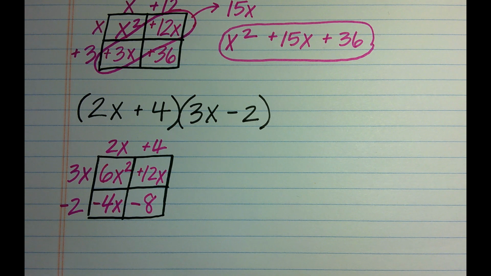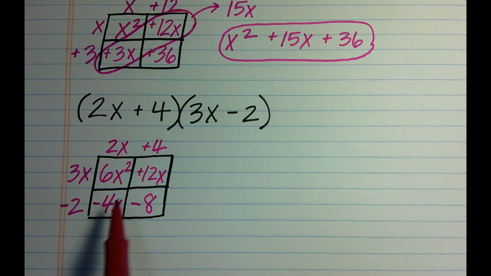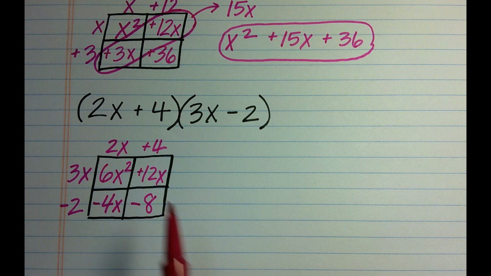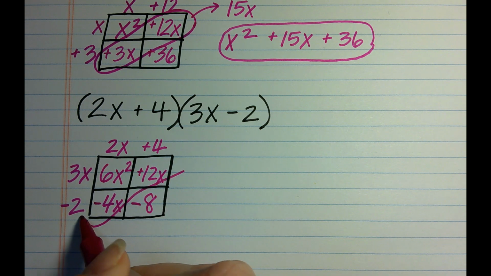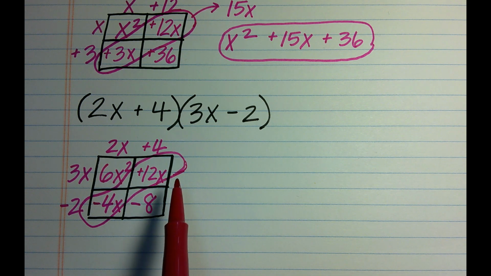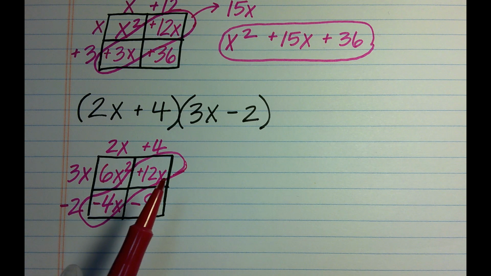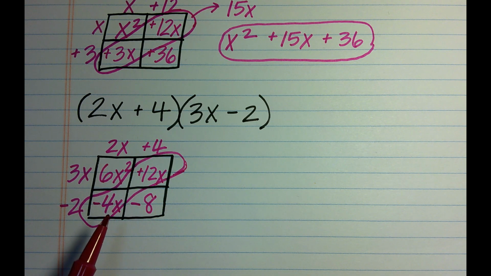Can anything be combined? Maybe. We have two terms with x's. Our middle terms, or these diagonal terms here, I've got 12x minus 4x, right? I see it, but I thought when they have a different negative or positive that you don't do anything.